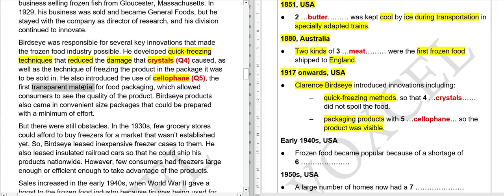If this material was transparent, obviously the product is visible when we wrap this packaging around the product. Here they have said which allowed customers to see the quality. If you are seeing the quality of the product inside the packaging, obviously the product is visible, so the material that is used is this particular material.